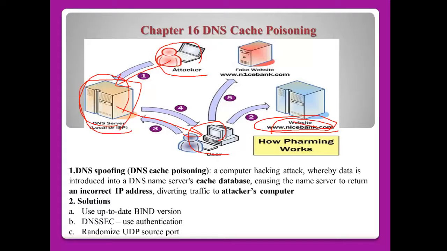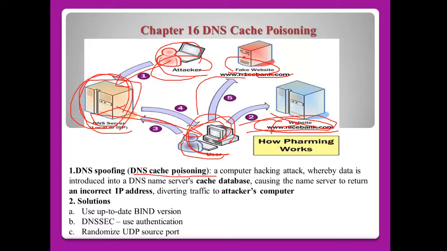Then this DNS server will supply incorrect information about the domain nicebank.com. So now, if I query this information from my DNS server, already poisoned by the attacker, the DNS information will point to a fake website instead of nicebank. So this is DNS cache poisoning.